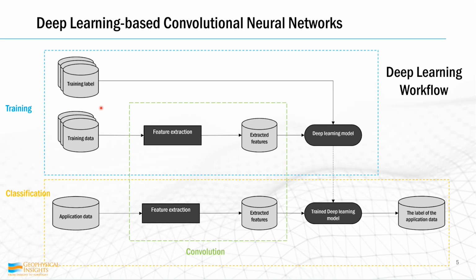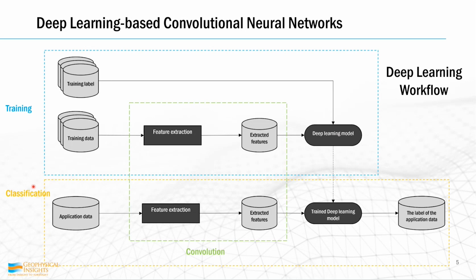The key part of the CNN deep learning workflow is the convolution, which extracts the features from the training data and generates the feature map that we will use to train the CNN model. This training step may take several iterations. Once the CNN model has been well trained, we will apply it in the classification step.